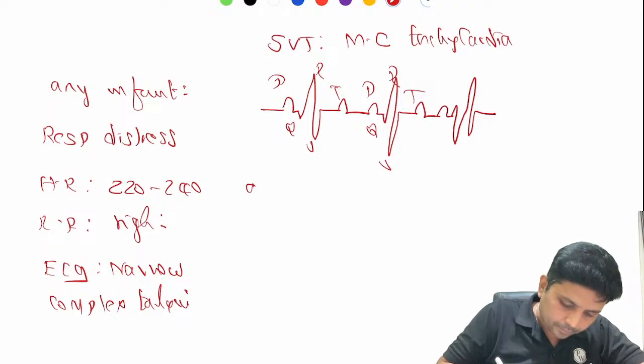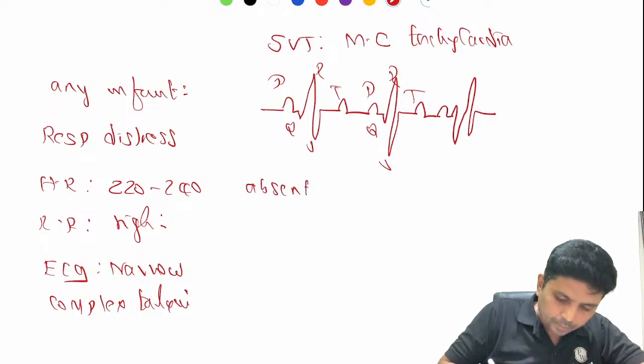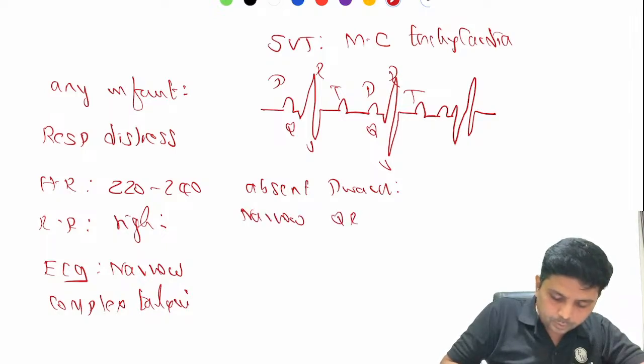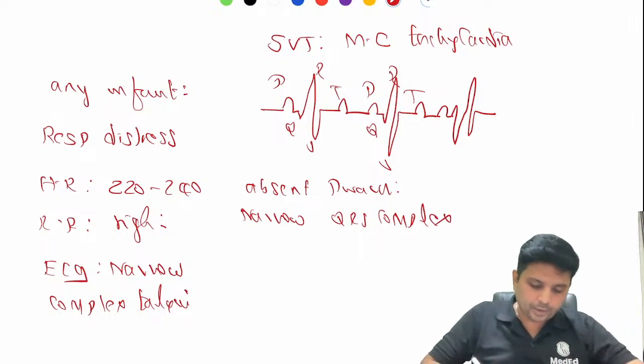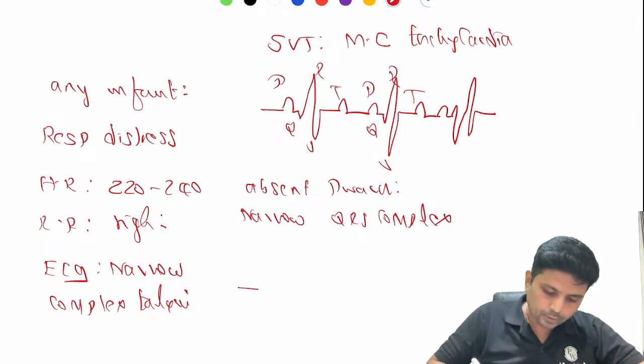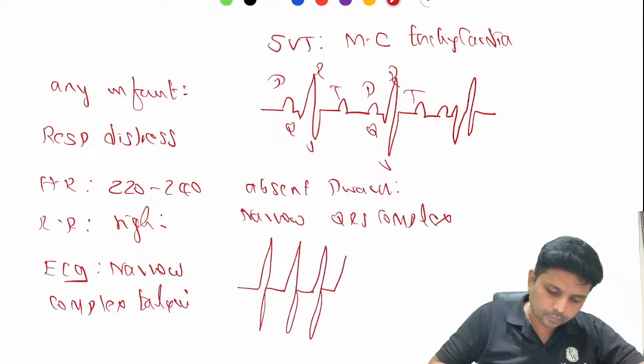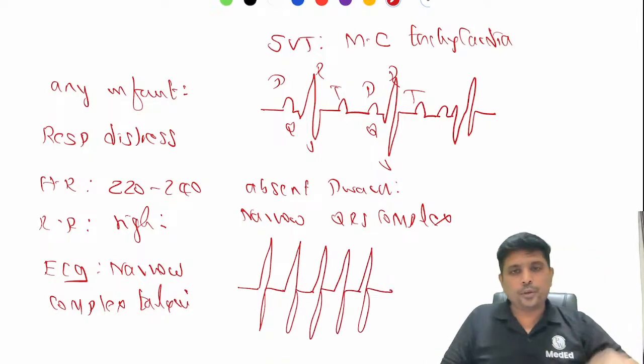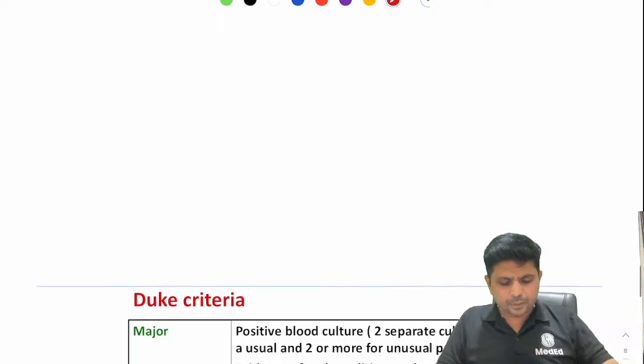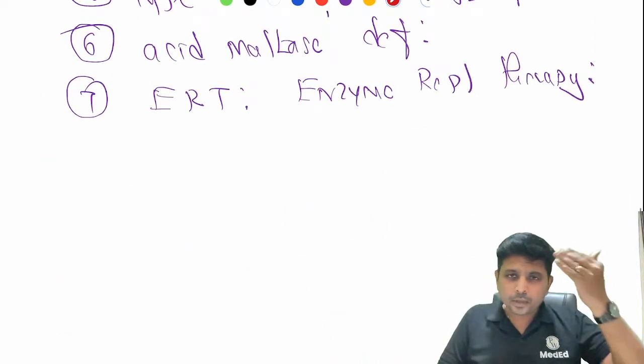Here you will see absent P waves and narrow QRS. Look at this, you have a narrow QRS complex. Let me show you the ECG itself.